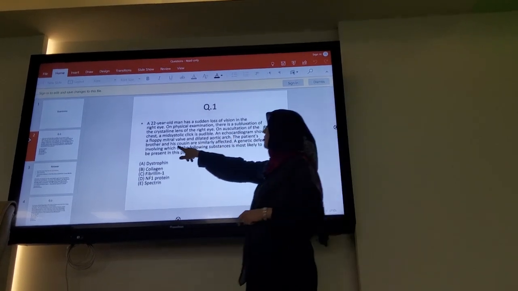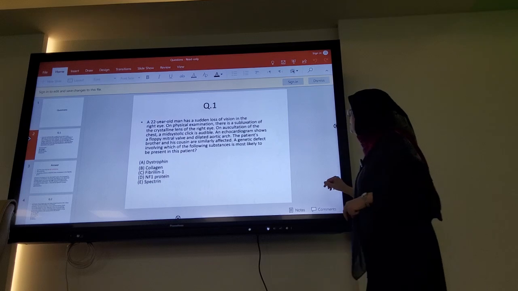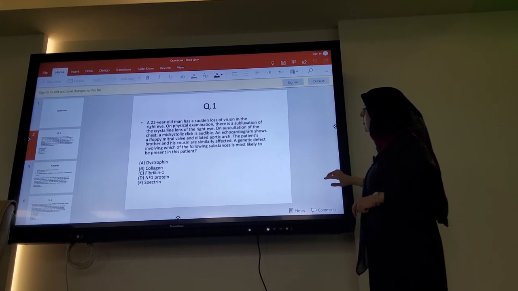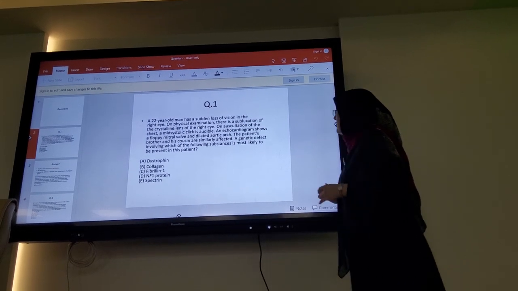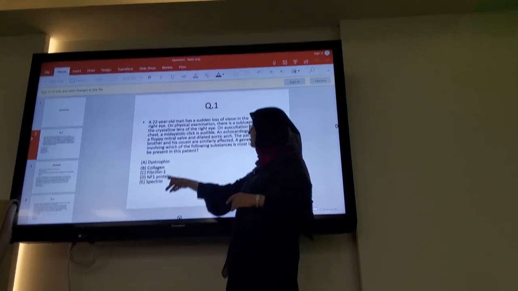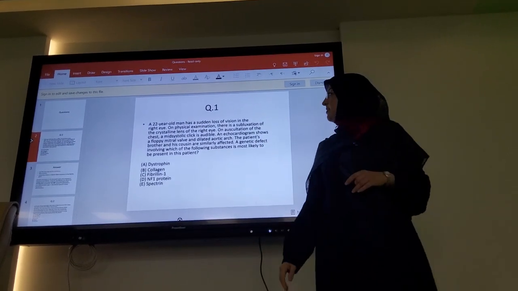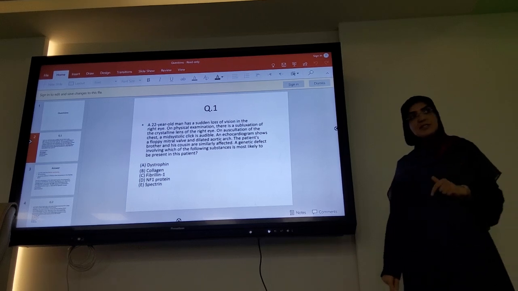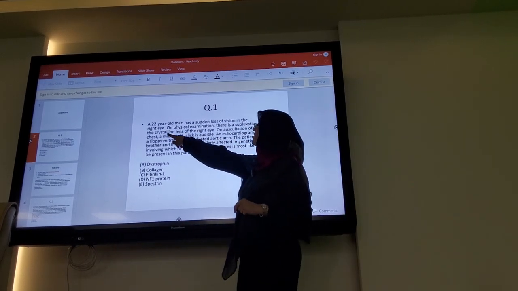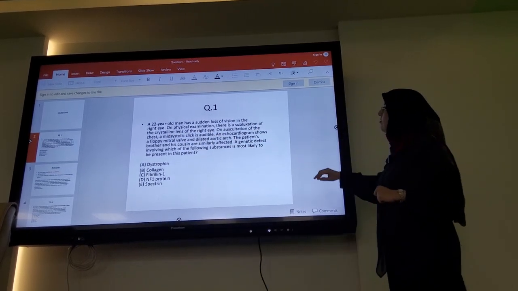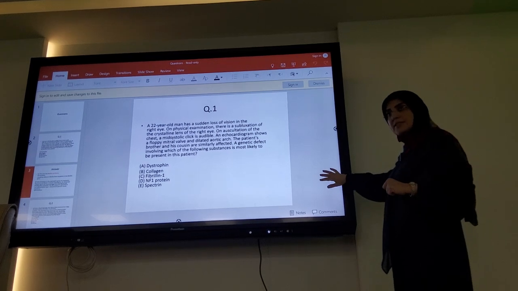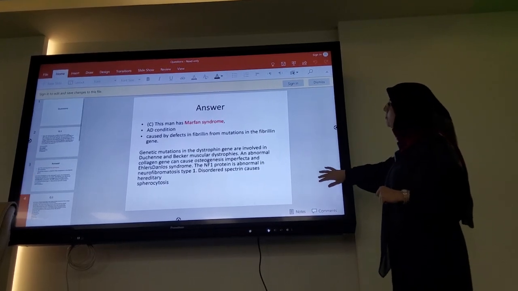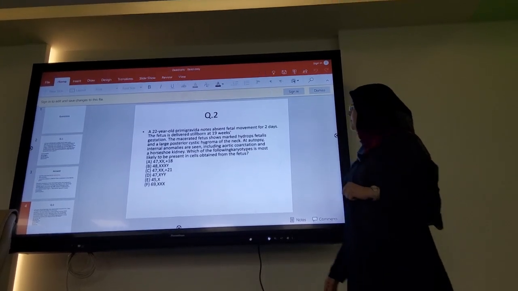The patient's brother and his cousin are similarly affected. Which is the genetic defect? What do you think? Mean fibrillin 1. So, Marfan syndrome, subluxation of the lens. Yes, thank you. Marfan syndrome.